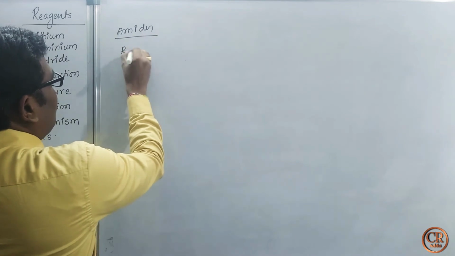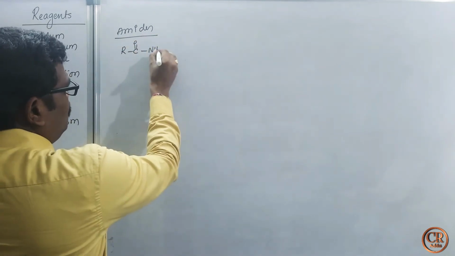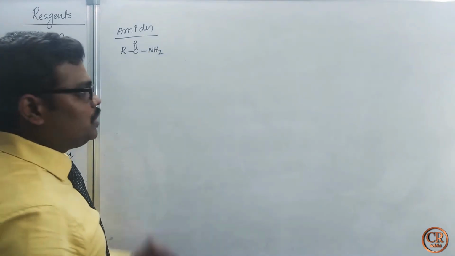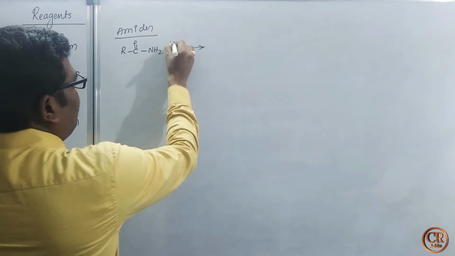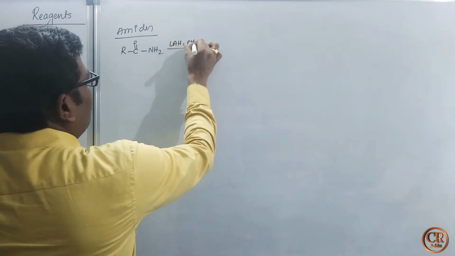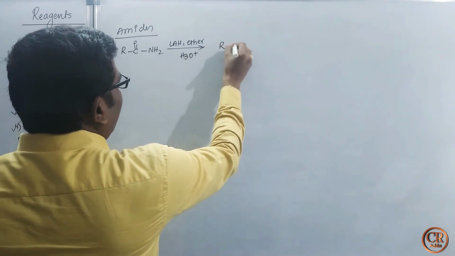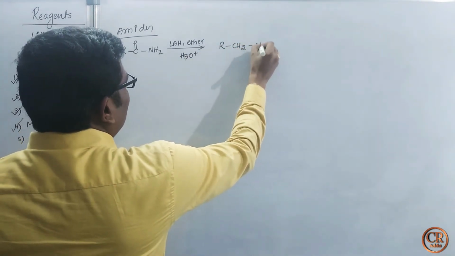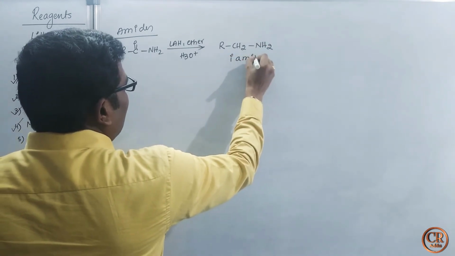Amides general formula RC double bond O NH2. This is unsubstituted amide. When this unsubstituted amide reacts with lithium aluminum hydride in ether followed by acid hydrolysis, it gives RCH2NH2.